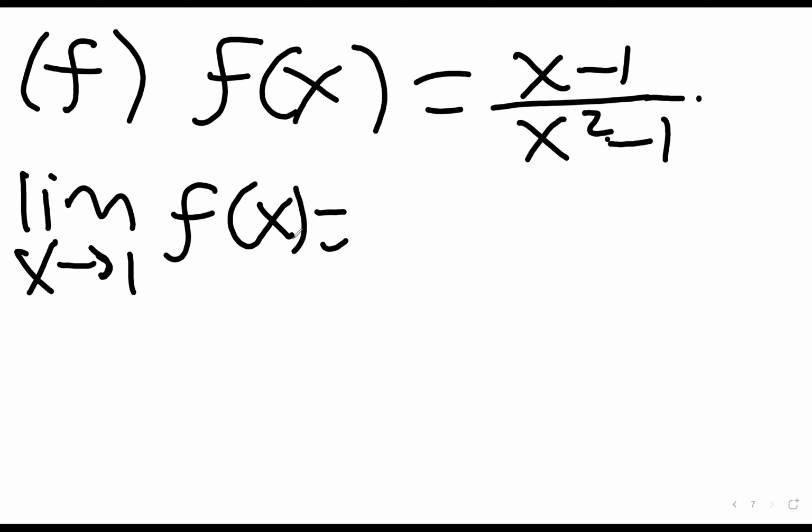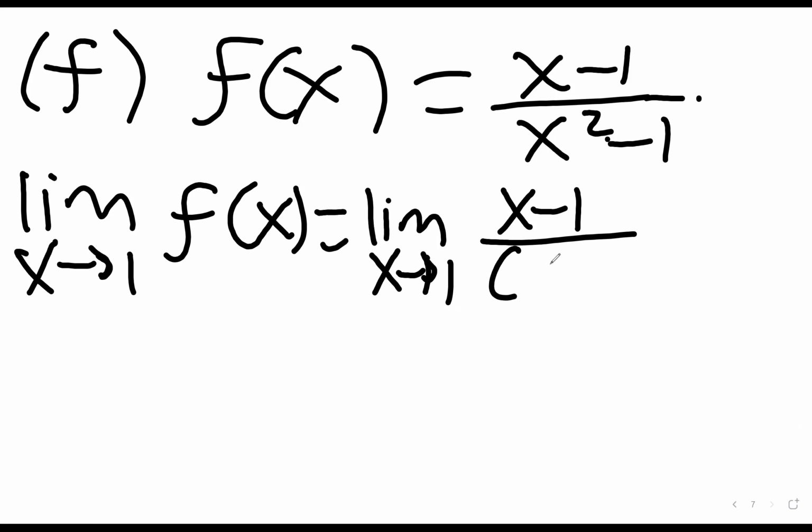This calculation is similar to question 1a. I will have the limit as x tends to 1 of x minus 1 divided by the product of x minus 1 and x plus 1.